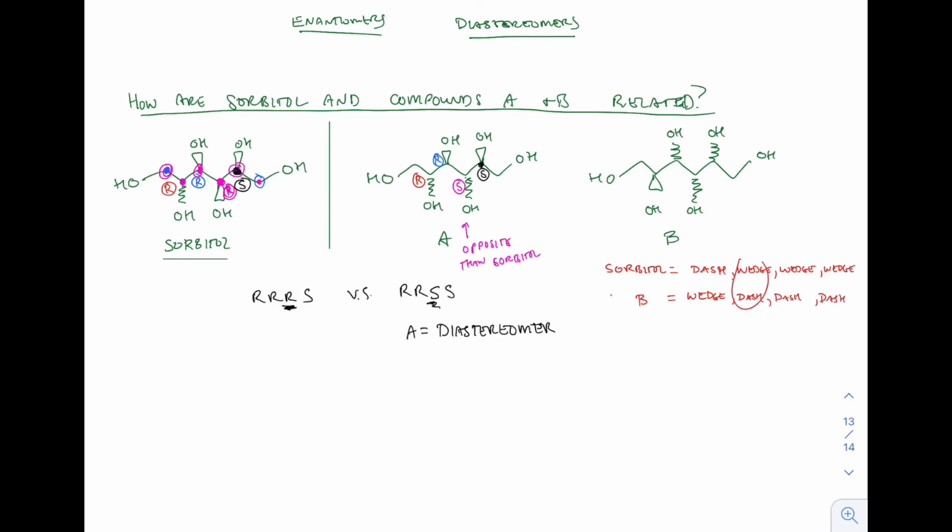Okay. Now, since we have wedge, wedge, wedge, dash, dash, dash, they're all opposite, right? So everything is opposite configuration, so that means that B is an enantiomer of sorbitol.